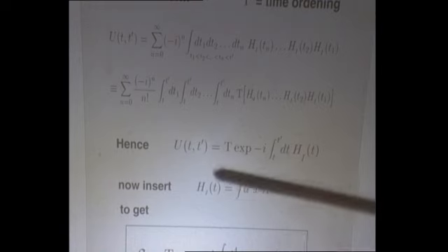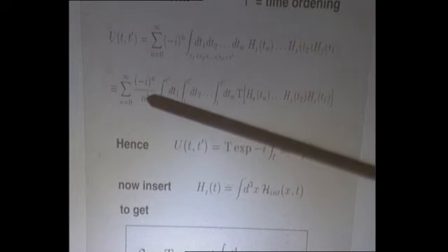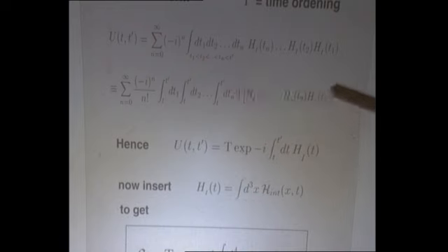The only thing is that I'm overcounting if I do it without any change in normalization. The fact that I put an n factorial here makes sure that the normalization is the same as I had here, where I had these restrictions on the times t.